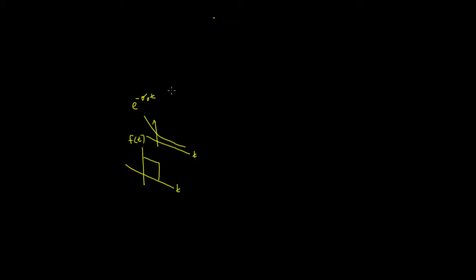When you multiply both of these together, again that's a function of time, and we'll get this function, but it will be modulated slightly. It will be 0, it will come up, and it will come down like that, and it will cut off. This function here is going to be f of t e to the minus sigma naught t. Now I'll try and draw this out, just heuristically.